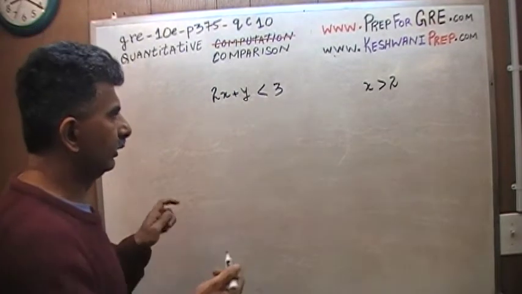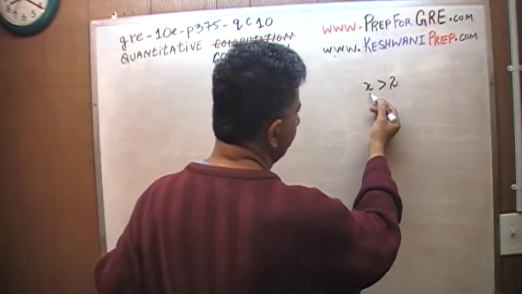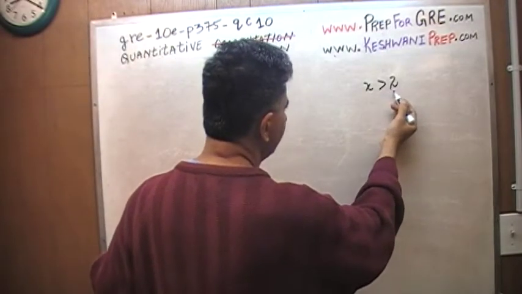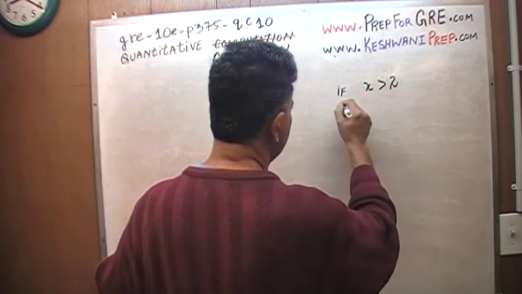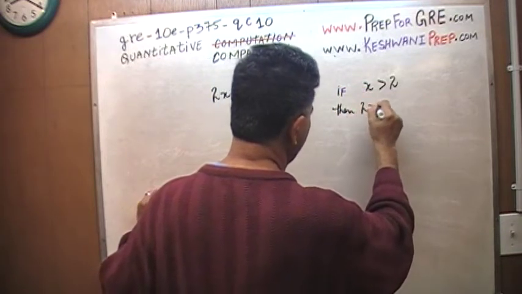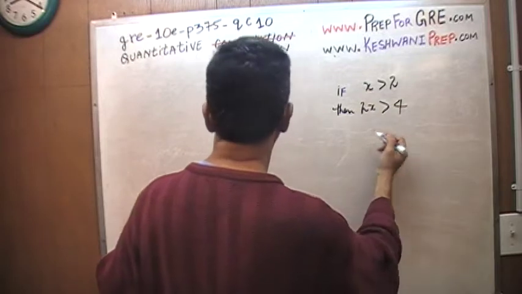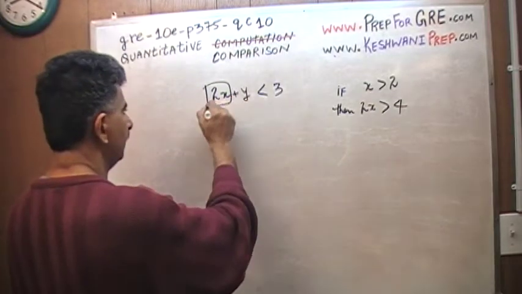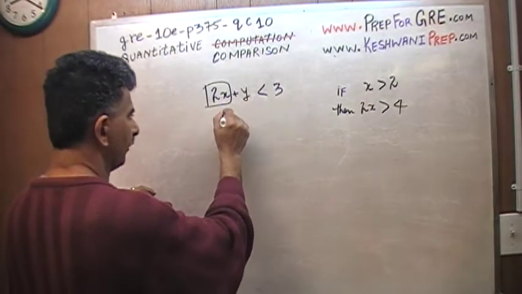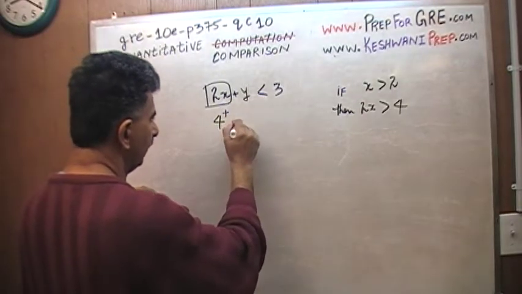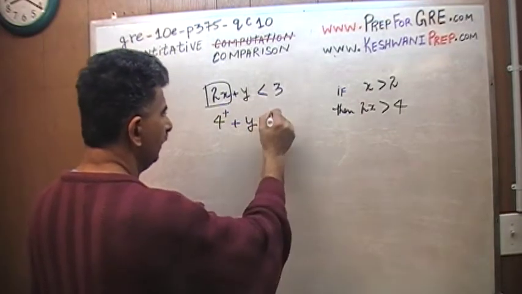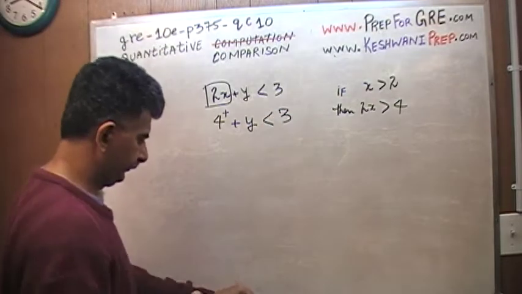Look, here's what's going on. We are told that x is more than 2. If x is more than 2, then 2 times x would have to be more than 4, which means this quantity here, whatever it is, is more than 4. Something more than 4 plus some other number, we are told, is less than 3.